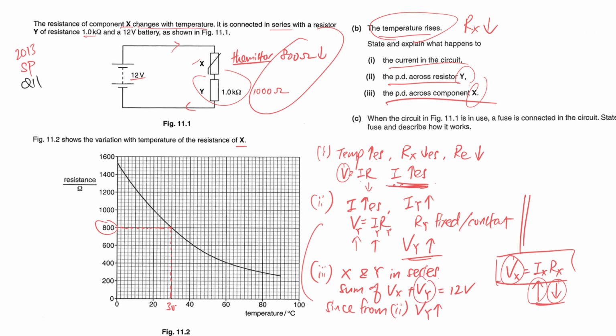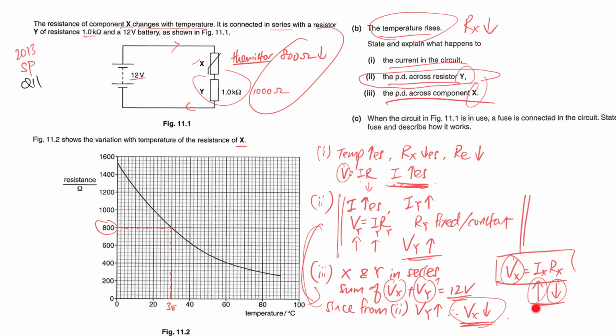If this increases and the EMF is still 12, that means therefore the potential difference across X will decrease. Even if this question does not give you part 2, you definitely have to explain this part and then conclude that the potential difference across X will decrease. So this is the way to tackle this question.